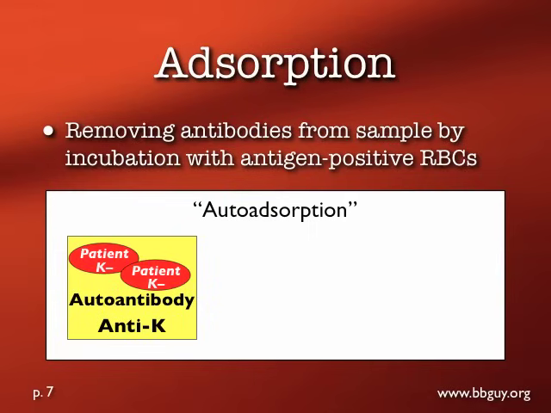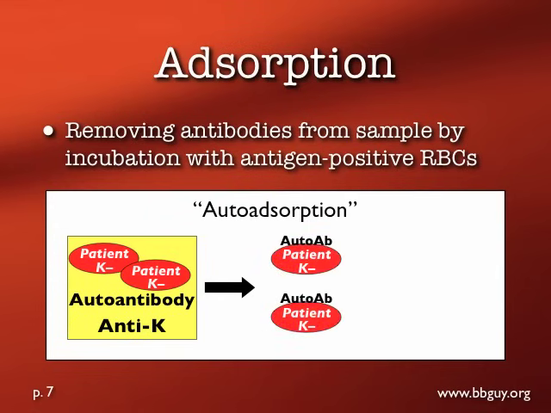You incubate those cells together, and basically the patient's own cells soak up the autoantibody. You may have to do it multiple times. It soaks up the autoantibody, and what's left behind in the adsorbed serum, the serum that's left behind after an adsorption, in this case, reveals, oh wow, I do have an anti-Big K there, and you're able to confirm that and do your testing.